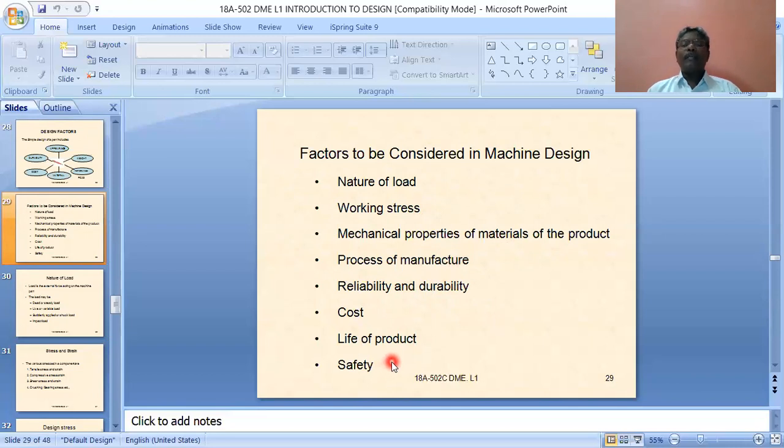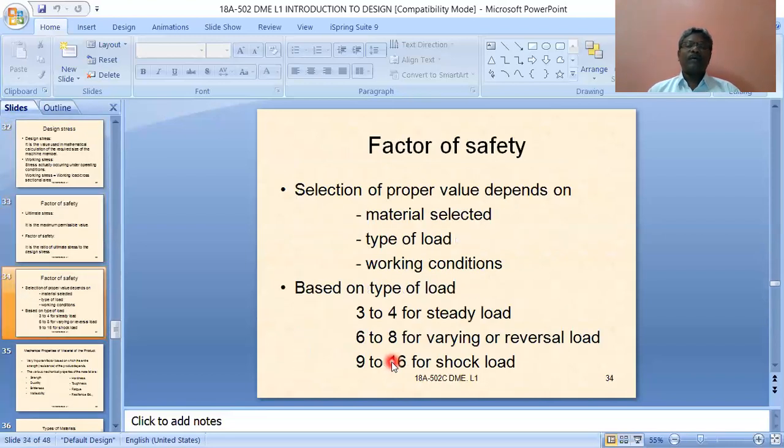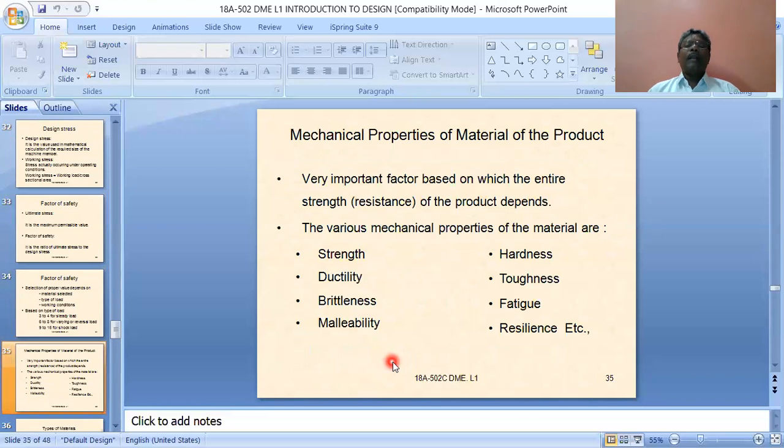And another parameter is shape and size.